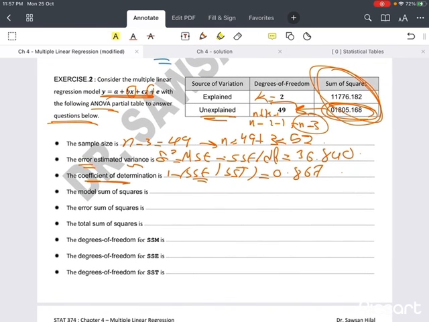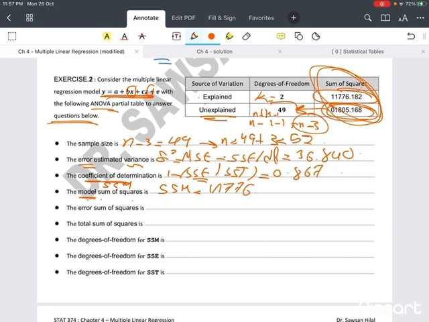The model sum of square. The model sum square, SSM, because it is sum square model. So you will go here, sum square explained. You will write this number 11776.182. Okay, then error sum of square. So sum square error, you will go for unexplained.